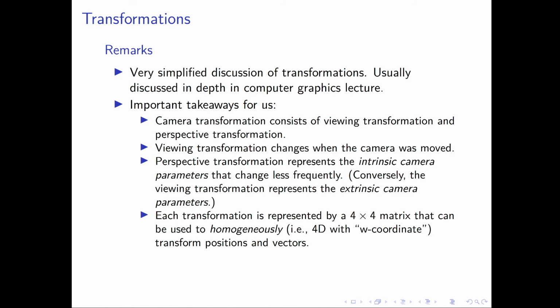Those quite often only change in the very beginning, like when the virtual camera is initialized. The parameters that are influenced by the perspective transformation are the so-called intrinsic camera parameters, while parameters like orientation and position of the camera are called the extrinsic camera parameters.